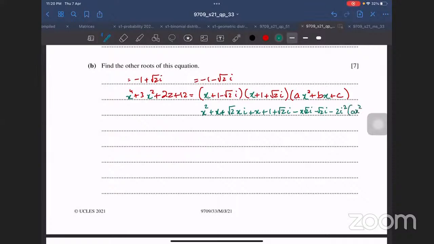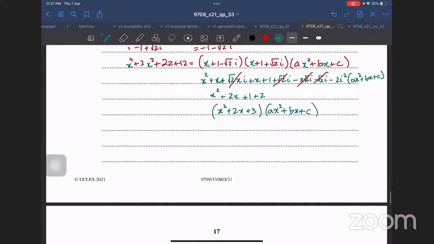And I have ax squared plus bx plus c. So I think some things must cancel out. This cancels out with that. This cancels out with that. So I'm left with x squared plus 2x plus 1. And this becomes plus 2. So x squared plus 2x plus 3. And I have ax squared plus bx plus c. Now I'm going to take this to the next page so that it's easier to do.